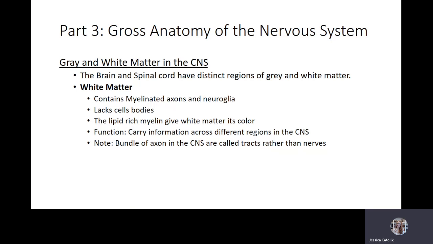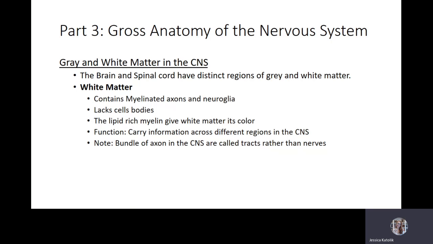Because the plasma membrane of these oligodendrocytes is fatty, it's rich in phospholipids, this is going to impart its color to the white matter. So white matter is white because it has the myelin sheath. It almost has the color of butter, so it's a very fatty structure, and it's going to have that kind of white color to it.